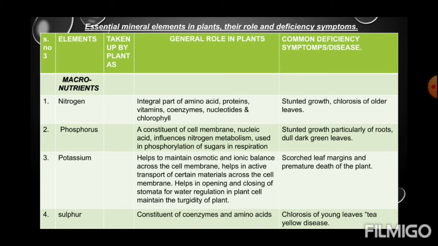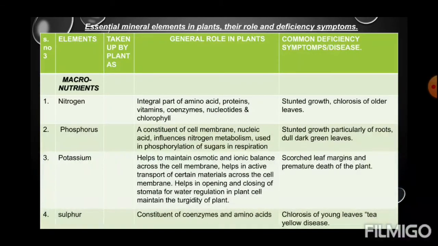It also helps in nitrogen metabolism and in the phosphorylation of sugars in respiration. Children, you are going to study phosphorylation of sugar in respiration in the chapter on photosynthesis, but here I am just going to give an intro of how phosphorylation occurs. For example, ADP, adenosine diphosphate, if inorganic phosphate is added, converts into ATP, adenosine triphosphate.